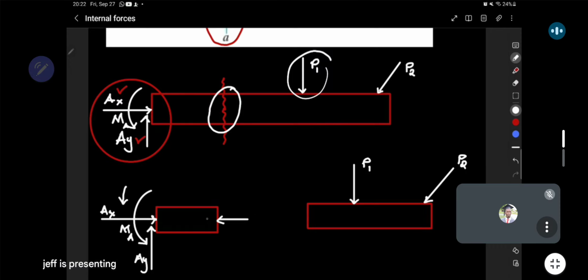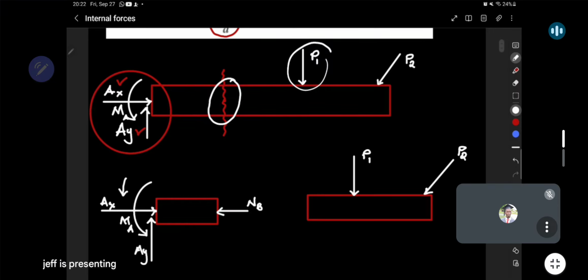This force that is perpendicular to the section we are analyzing is the normal at that particular interface. Since the section was obtained at point B, you can just label it the normal, but since it's at B, I'll say the normal at B. Apart from the normal, you're also going to have the shear force at that point.